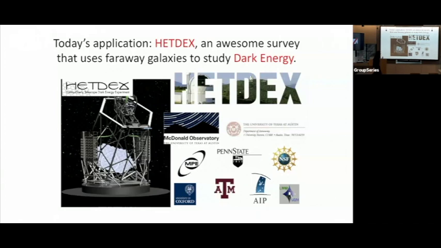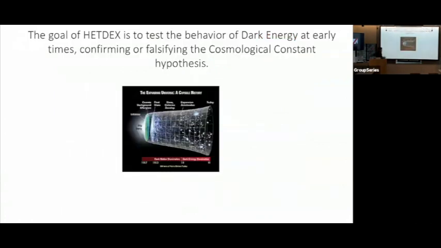The survey is called the Hobby-Eberly Telescope Dark Energy Experiment. It's a spectroscopic survey, and the goal is to find galaxies that are far away enough to detect or non-detect dark energy at redshift around 2.